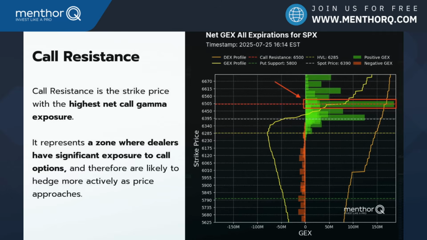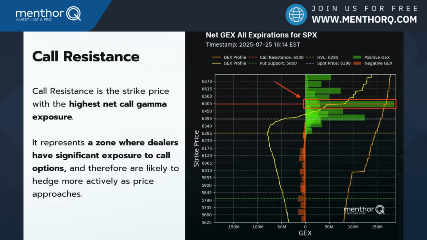So don't think about core resistance in technical terms. It is not a technical ceiling, it is a structural ceiling, driven by option positions and dealer flows. We call it resistance because it is a resistance, but it's not based on technical analysis. It's based on option positioning.